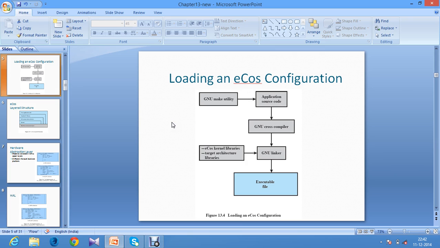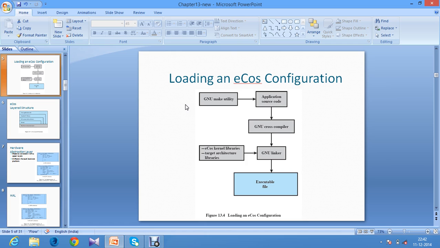This is a typical example of the overall process of creating a binary image to execute on an embedded system. This process is run on a source system, for example a Windows or Linux platform, and the executable image is destined to execute on a target embedded system such as a sensor in an industrial environment. At the highest software level is the application source code for the particular embedded system.